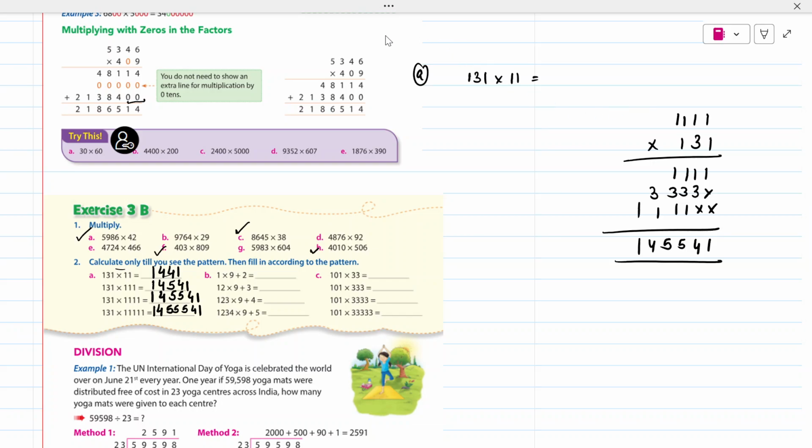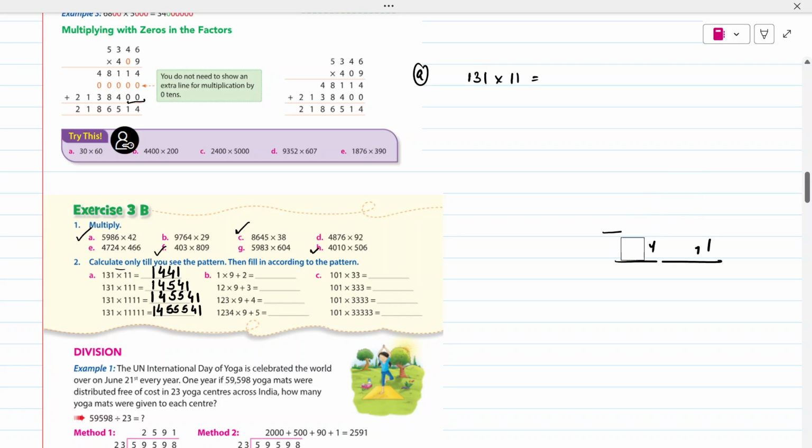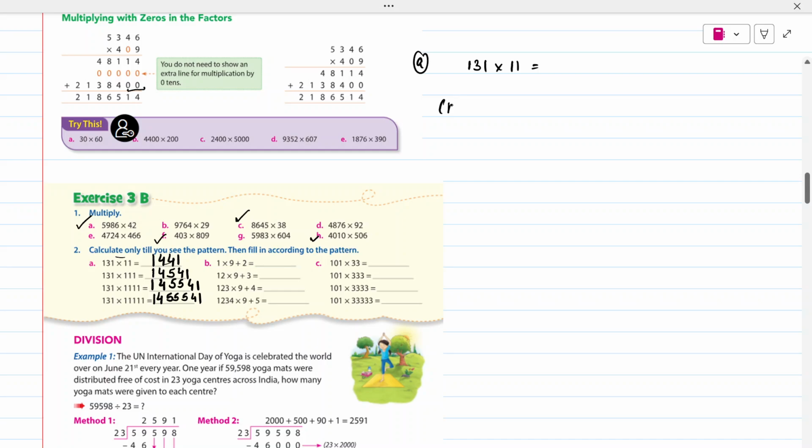Okay, now I'm just erasing this part, and let us do the second part of this question, the B part. So in B part, what we have is, I'm writing it here, we have 1 multiplied by 9 plus 2, that is 9 plus 2, 11. Then we have 12 into 9 plus 3. 12 into 9 is 108 plus 3, 111.